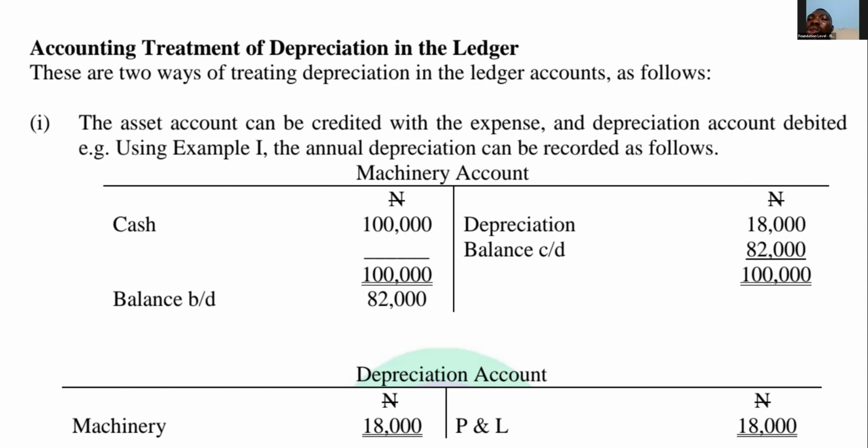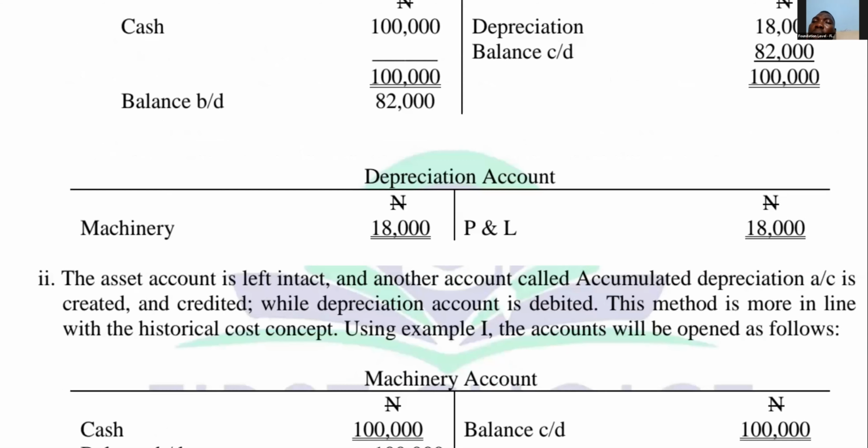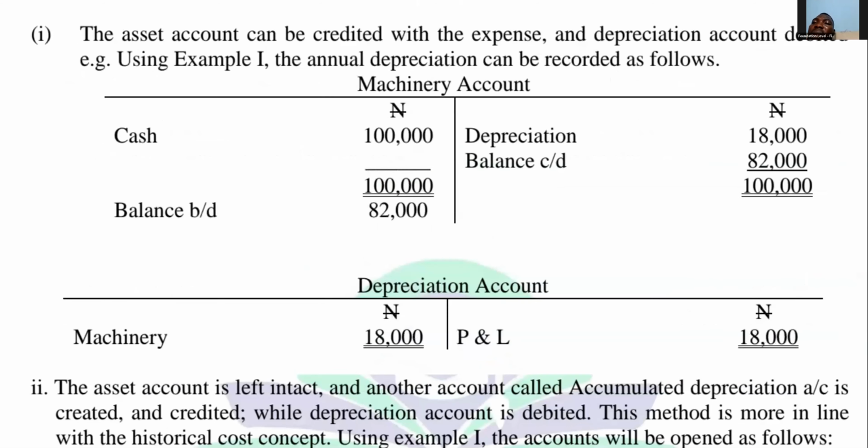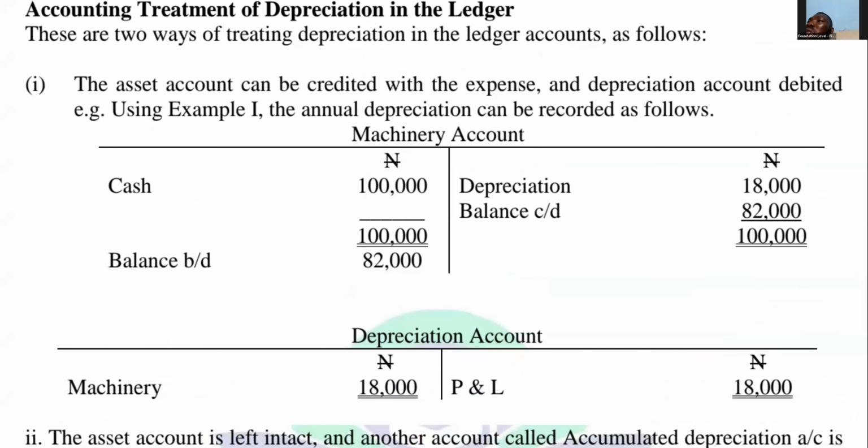So now let's use example 1, the one that gave us the 100,000, minus I think 10,000, divided by 5 years. That's our example 1. The first thing is that we purchase the asset.